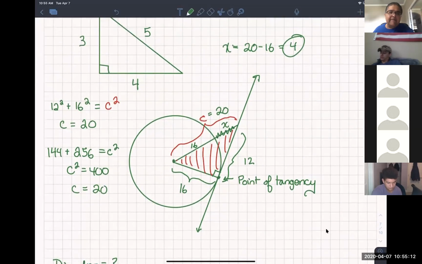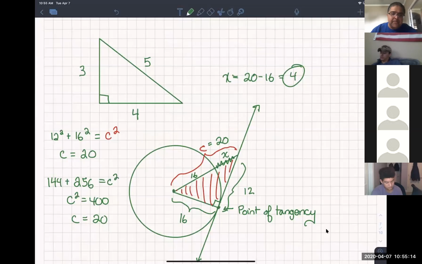Okay. So what if you only had x and 12, but you didn't know the radius? How would you find the radius? I think that was on one of the quizzes. You couldn't find it. You need more information. They have to give you either the radius or the diameter in order for you to be able to find any of this other information.